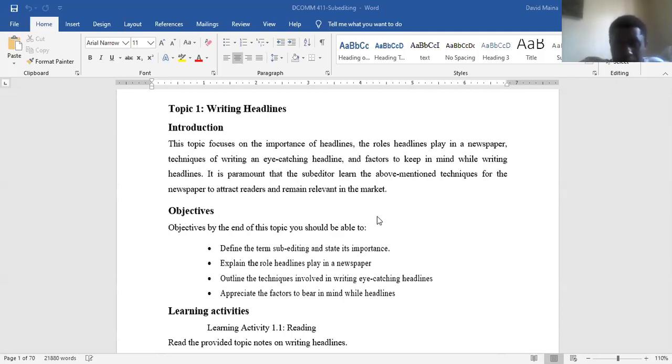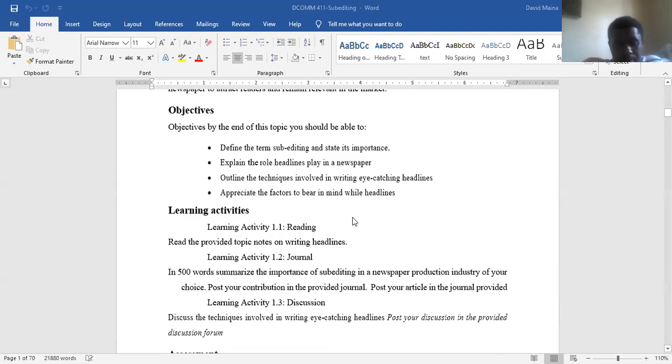So we are looking at the role of headlines, the writing techniques of the headline, because the headline has to be eye-catching. Remember what we said when I was introducing you to the course outline and the factors to bear in mind when writing headlines.